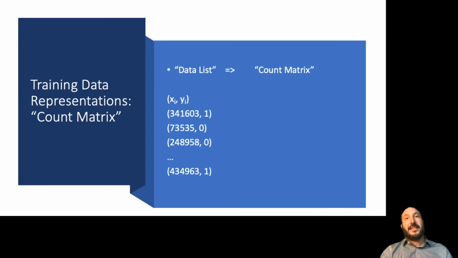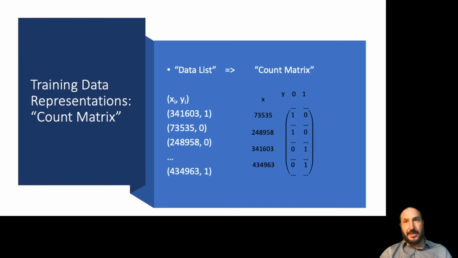So if this is my data list, so imagine I just had these 4 data points in my list, my count matrix would look like this. For each of my data points here, I filled in a 1 for the corresponding entry in the count matrix. If these were our only 4 data points, everything else in this matrix would be 0.